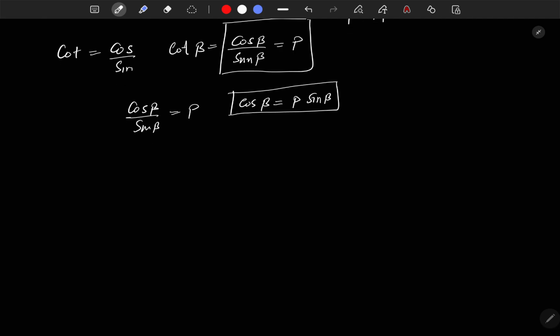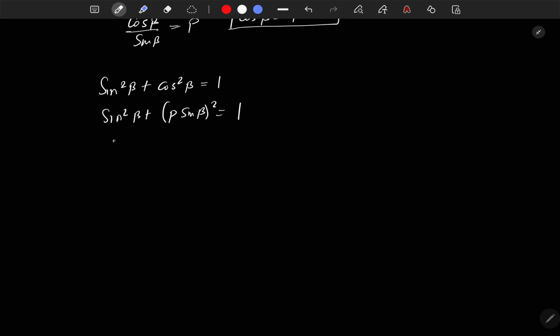Again, from the Pythagorean identity, we know that sine squared beta plus cos squared beta will give us 1, right? So I know what cos beta is, I can just substitute. So this becomes sine squared beta plus (P sine beta) squared equal to 1.